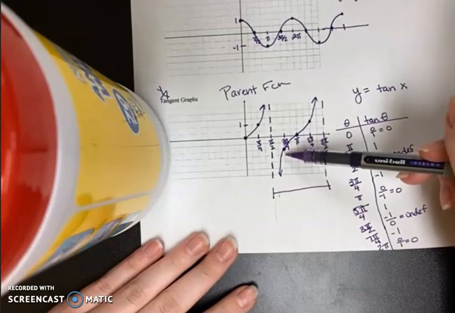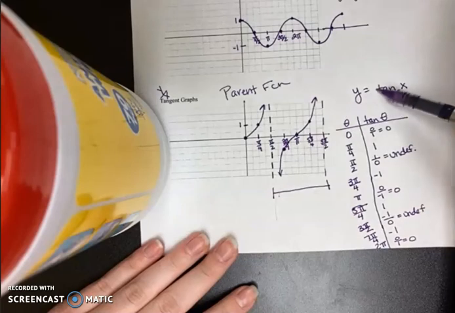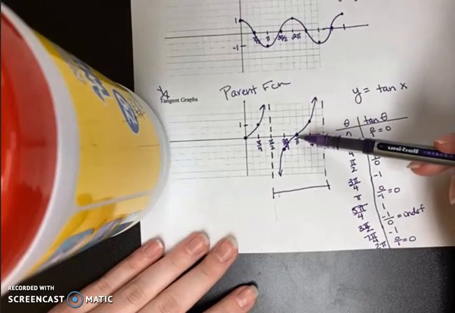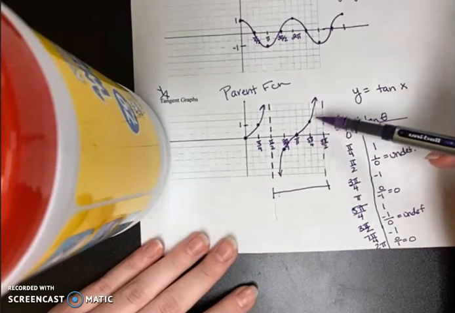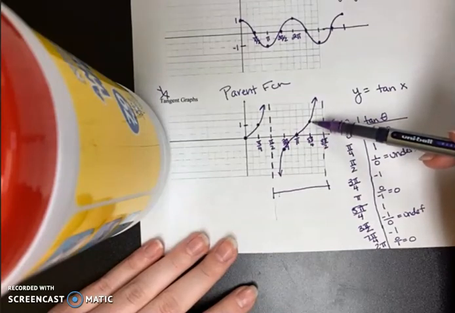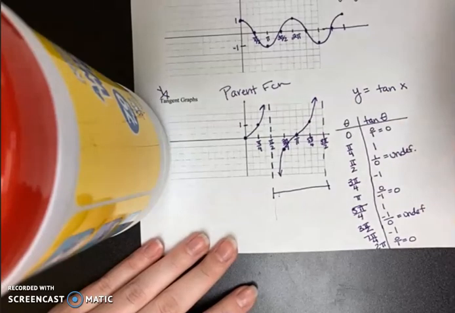So the a was 1 in the parent function. Then we would have an x-intercept. And then we would also have, on the next tally mark, a coordinate that moves up whatever the value of a is.